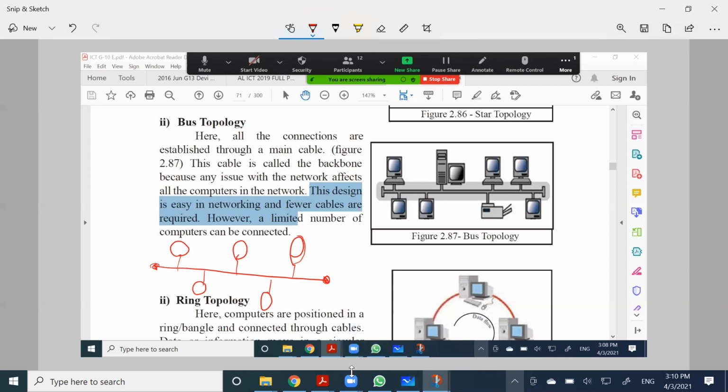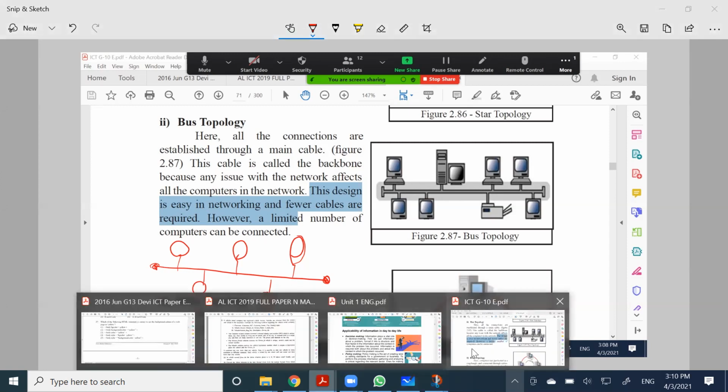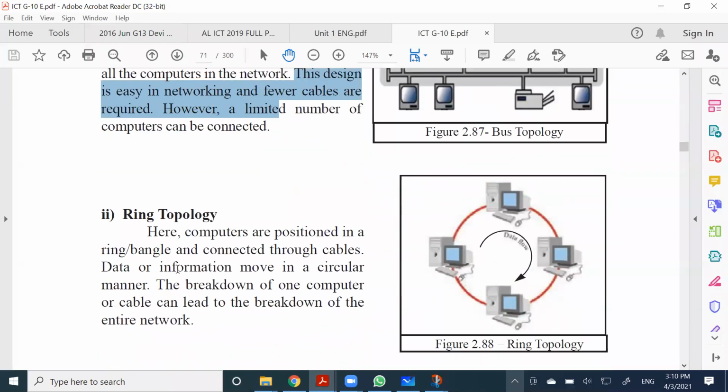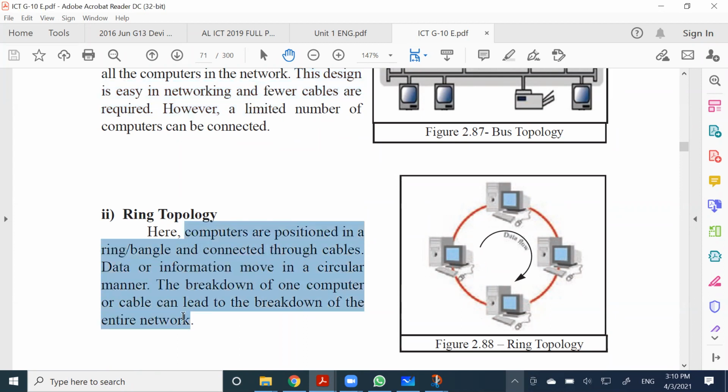Right. So then we are going to go for the ring topology. So regarding the ring topology, yeah, you have to write the entire thing. And now you know how to draw the sketch as well. So write this and draw the sketch.